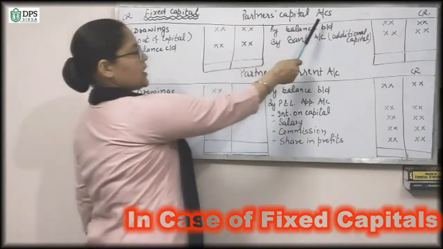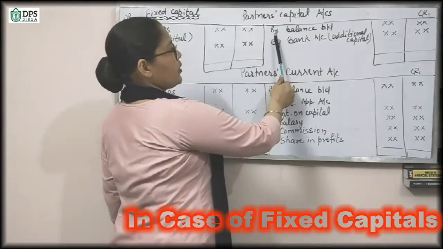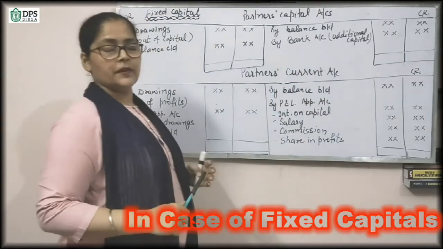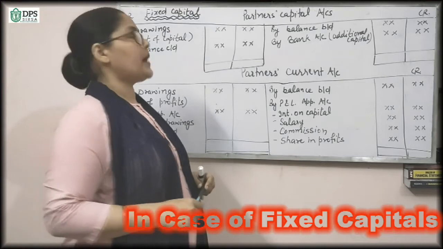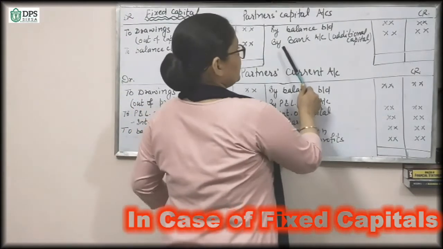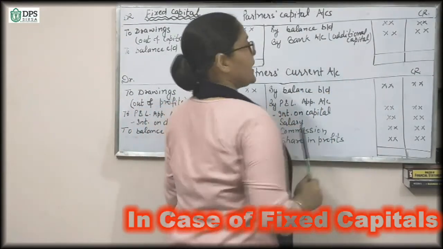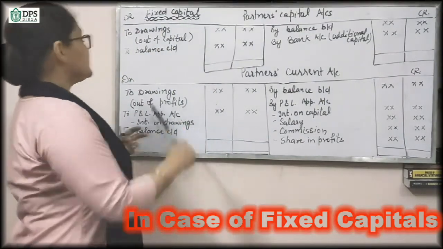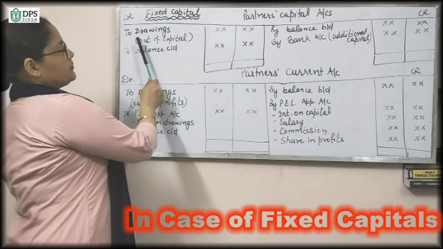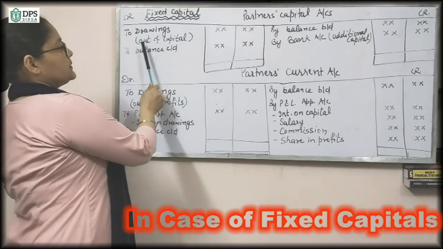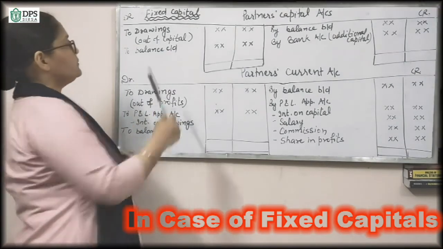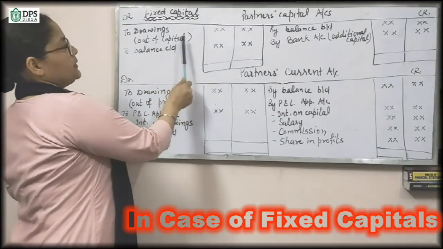In the partner's capital account, first of all we will write by balance brought down, that means the fixed capital balance of partners, and next we will write additional capital that is introduced by the partner. Then on the debit side we will write drawings, but only drawings that are out of capital.